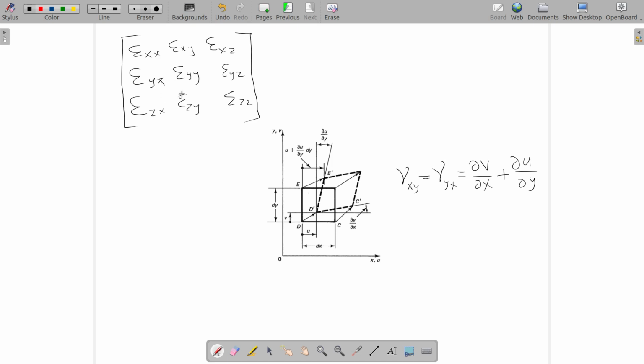So in the tensor, we are actually using definitions of strain. The linear strain definition will not create any problem, but the shear strain definition will have a problem.